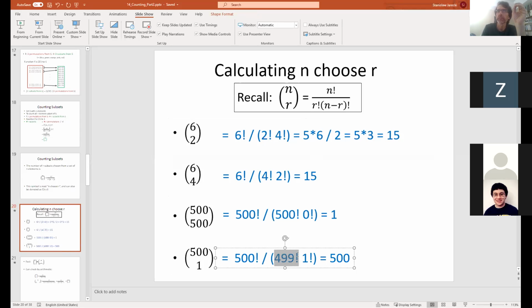It's n minus r, and the r is 1. So 1 factorial is just 1. And 500 factorial divided by 499 factorial is like everything drops out except the last factor, which is 500. So again, that's what we expect.